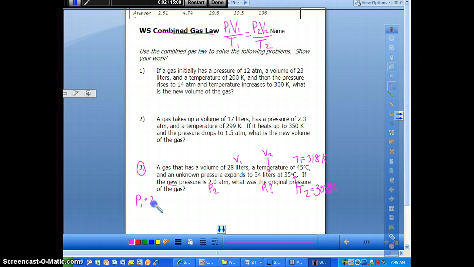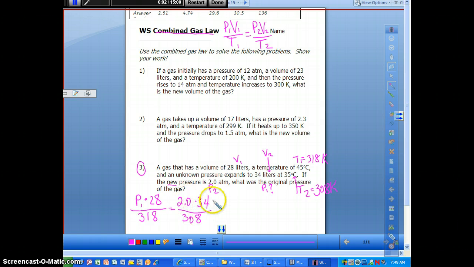We'll plug in 28 for V1 and 318 for T1. Other side, we'll plug in 2 for P2. We'll plug in 34 for V2 and 308 for T2.